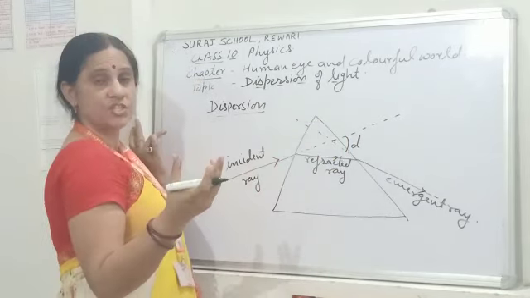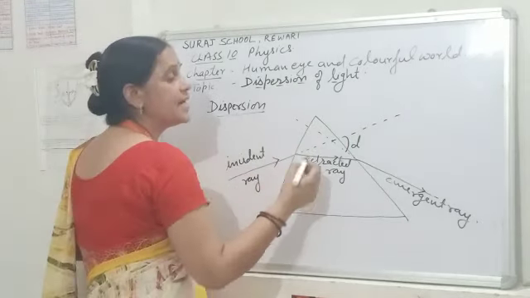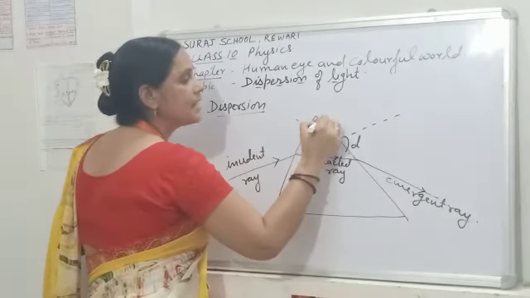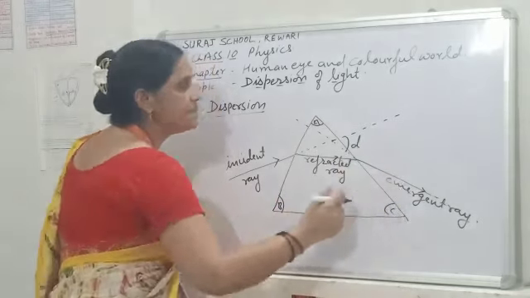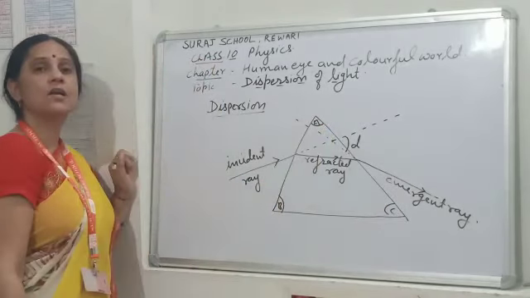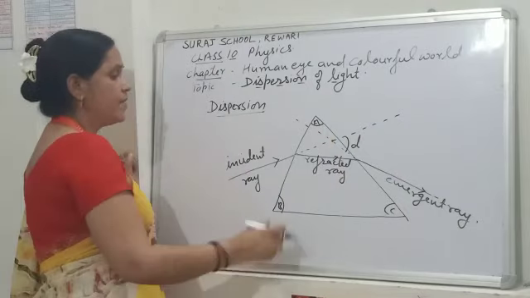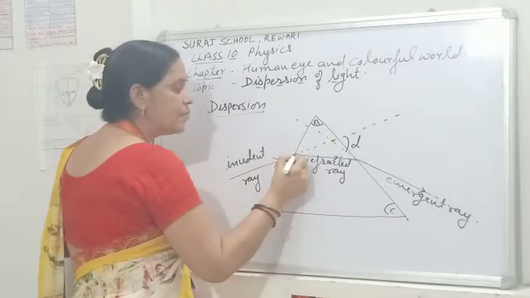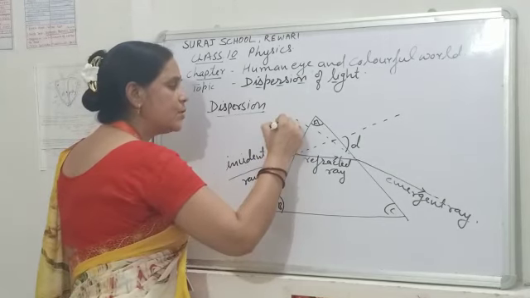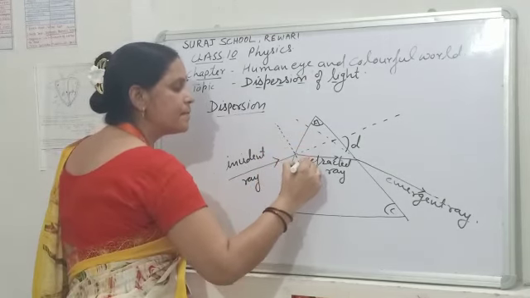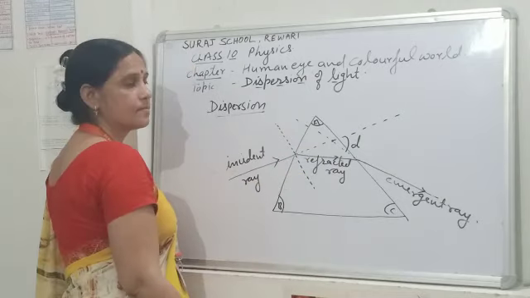Prism is a triangular shaped object, so it has 3 angles, A, B and C. These angles ABC are known as the angle of prism. We already know that at the point where the incident ray and refracted ray meet, an imaginary perpendicular is called the normal.